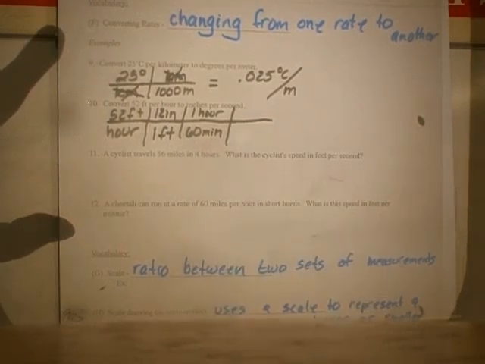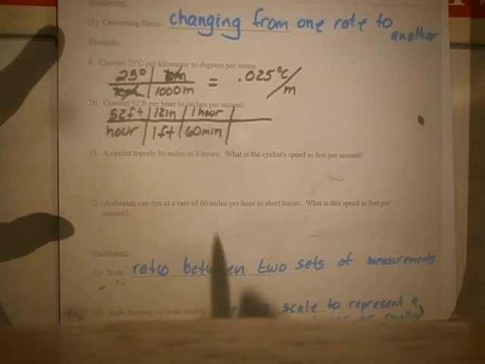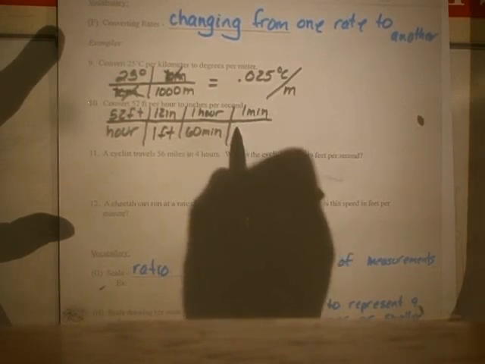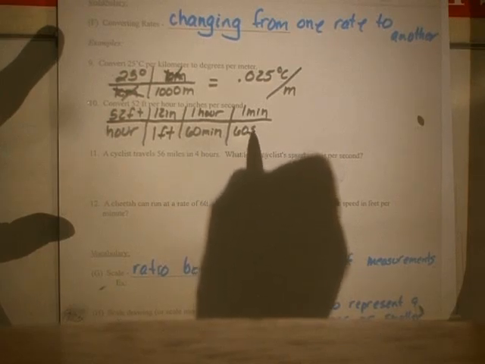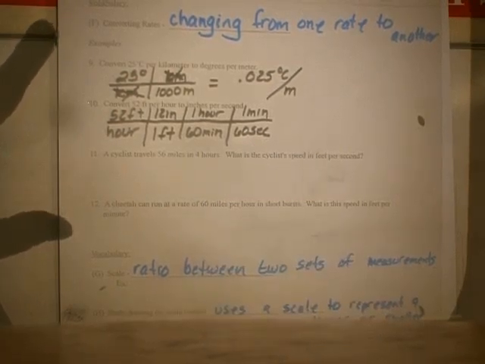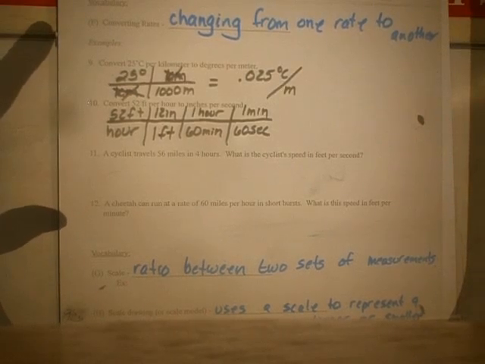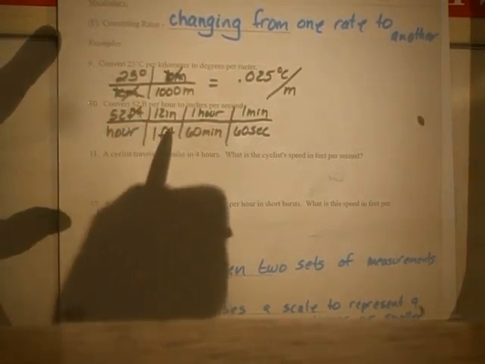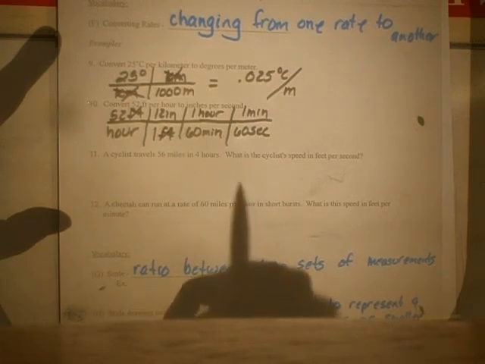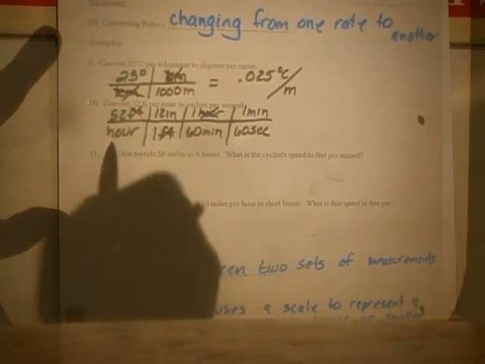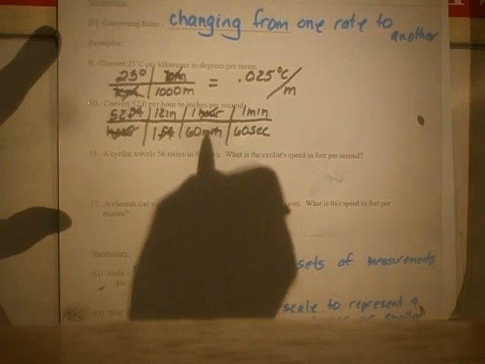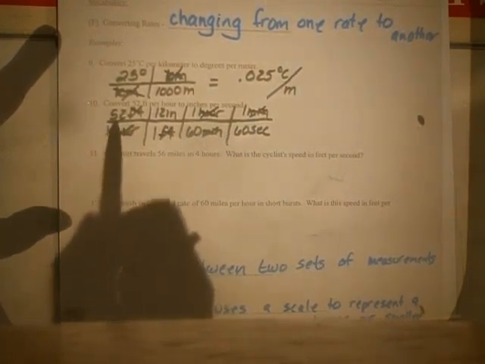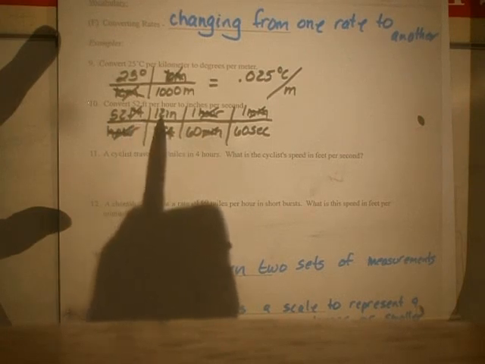And we're trying to get to seconds. So now we need to say 1 minute is 60 seconds. And if you look at this, a bunch of these units are going to cancel. The feet cancel. The hours cancel. The minutes cancel. And you can do 52 times 12.